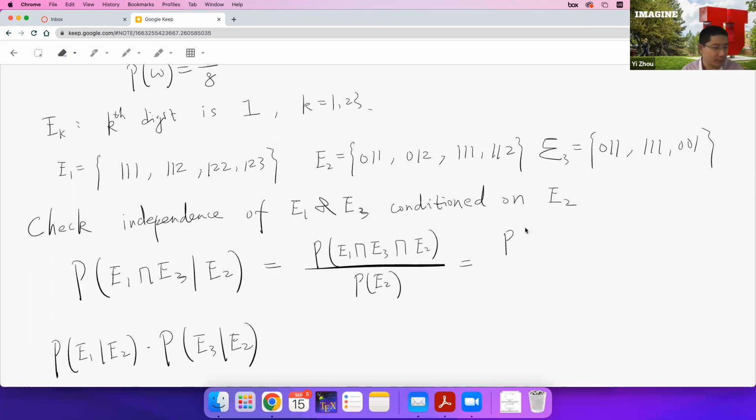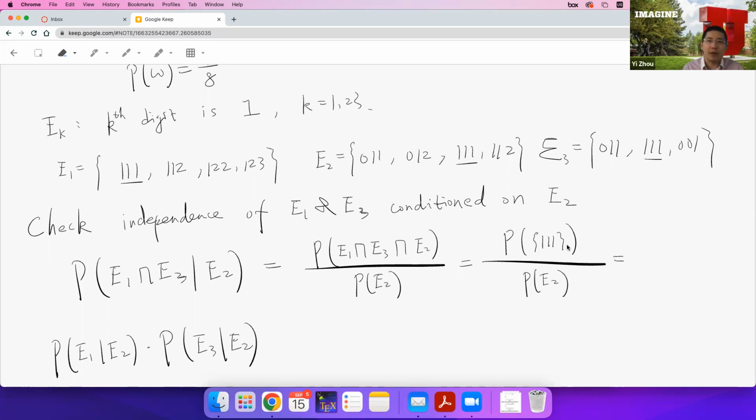I think the common element is this one, right? Only 1, 1, 1 is the common element. So that's the intersection, divided by P(E2).